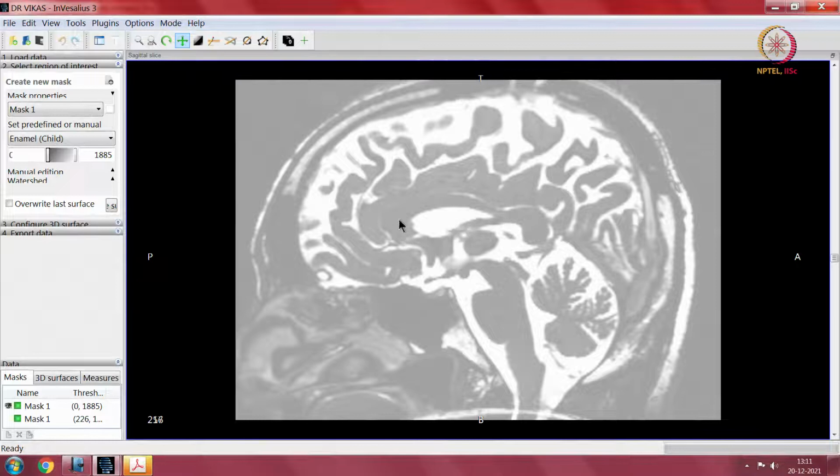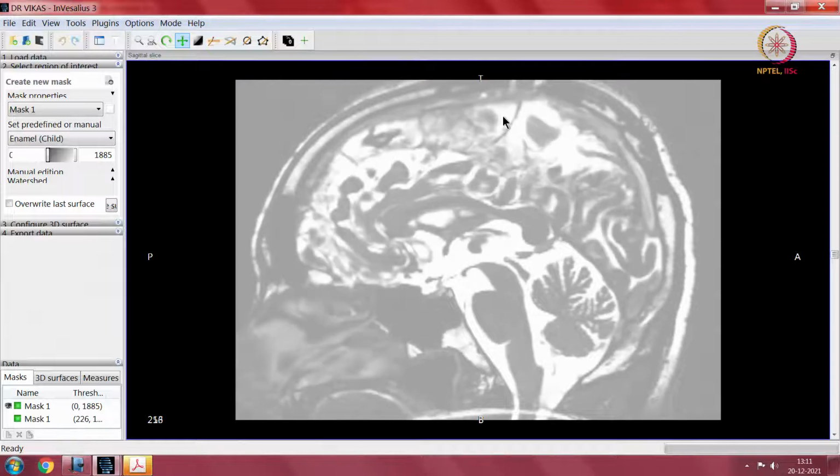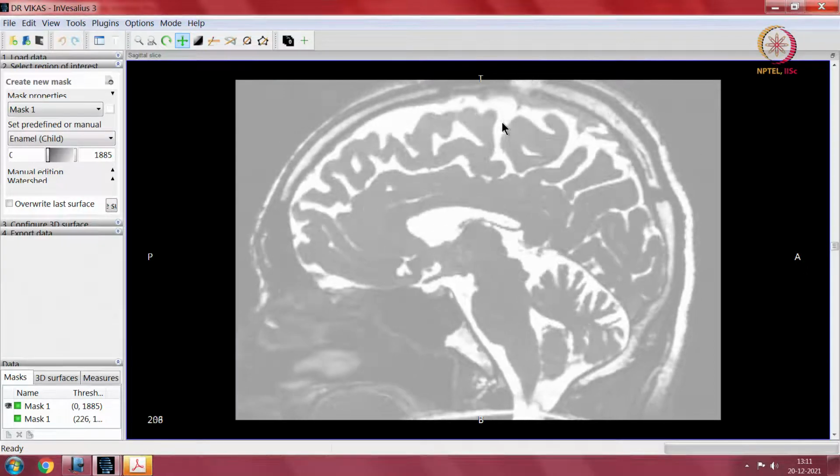So, this is the corpus callosum we have discussed in the T1. Above the corpus callosum is a gyrus, the cingulate gyrus, and above that is the cingulate sulcus. The cingulate sulcus goes all the way up here and then goes to the midline. Where is the midline?